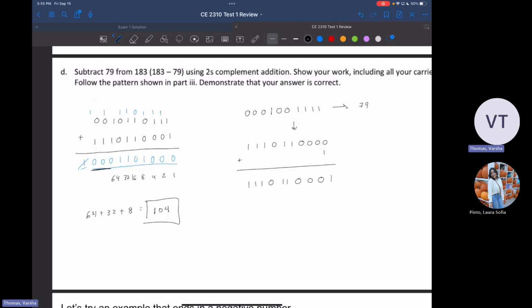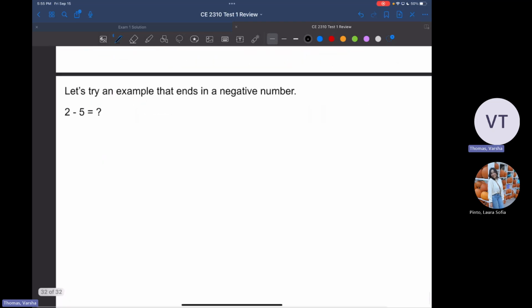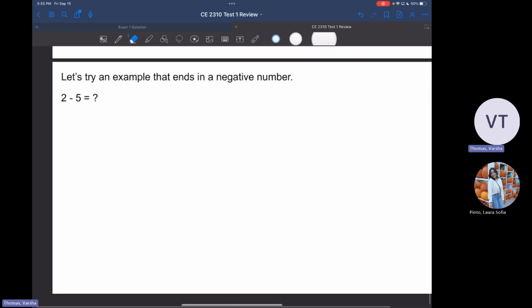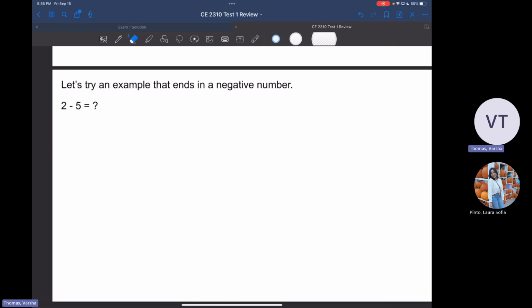Any questions? No? Okay. So, this is the last slide, by the way. I put in an example where you end up with a negative number as an answer, so you can see what I'm talking about. I put pretty simple numbers. So 2, I'm going to put them in 5 bits. So 2, I have 0, 0, 0, and then 0, 1, 0.